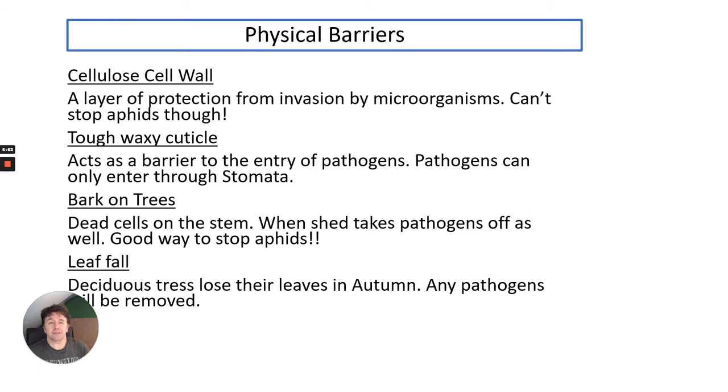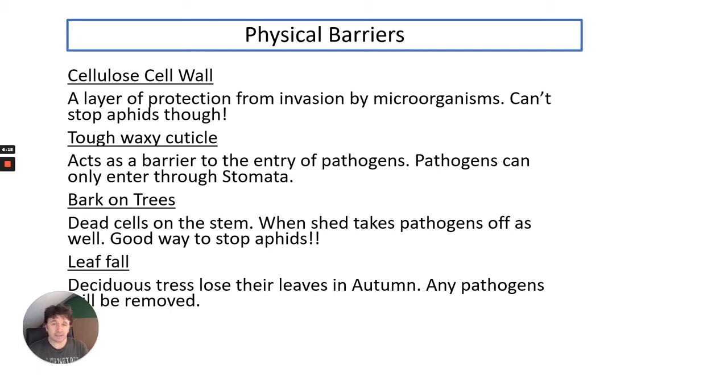There might be physical barriers as well. For example, a thick cell wall or a tough waxy cuticle to stop the entry of pathogens. Bark on trees: the bark on the tree is dead cells on the stem, and basically it's a good way to stop insects like aphids actually getting into the phloem of the stem.